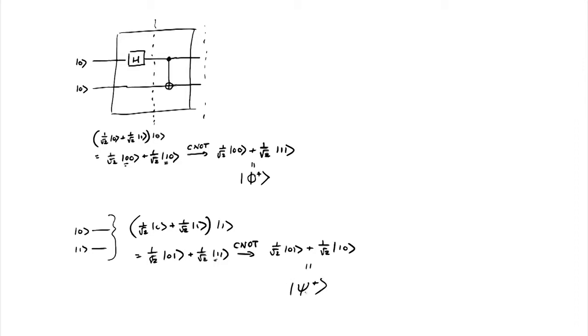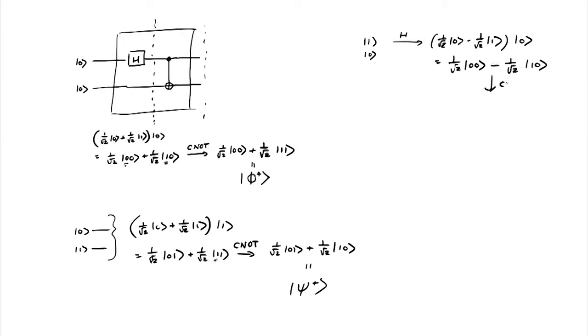Okay. Now we could again look and see what happens if the 2 input qubits were 1, 0. Well, let's work this through. After the Hadamard, what do you get? You get 1 over square root 2, 0, minus 1 over square root 2, 1. And then the second qubit is in the state 0. So what's this? It's 1 over square root 2, 0, 0, minus 1 over square root 2, 1, 0.